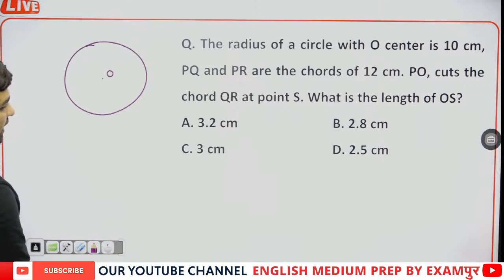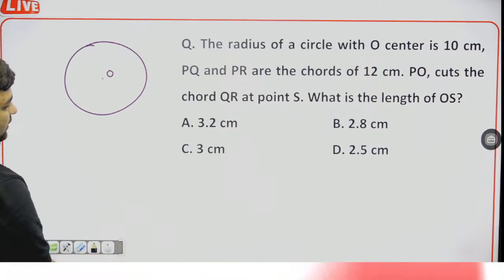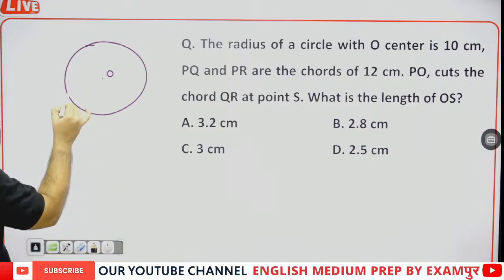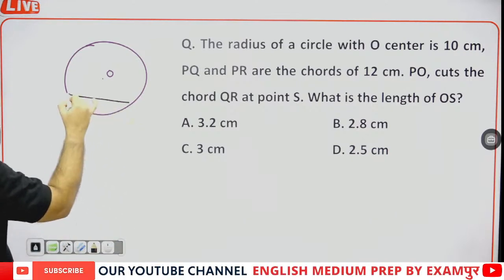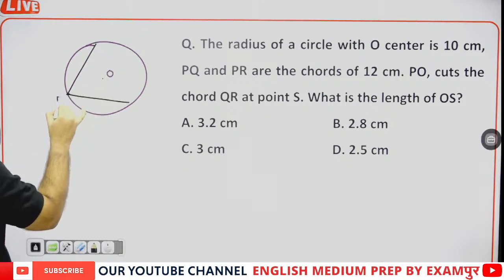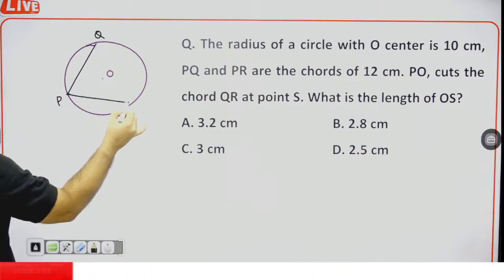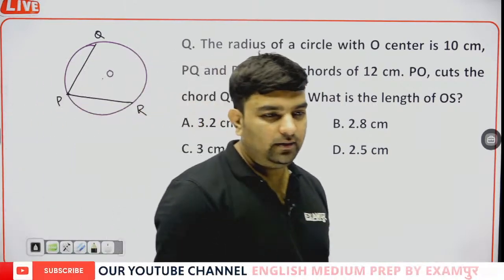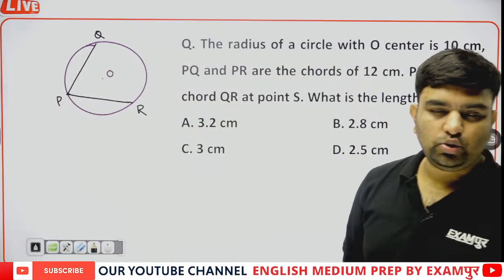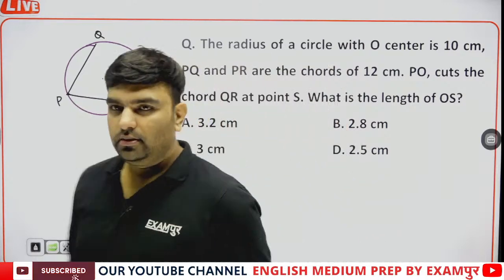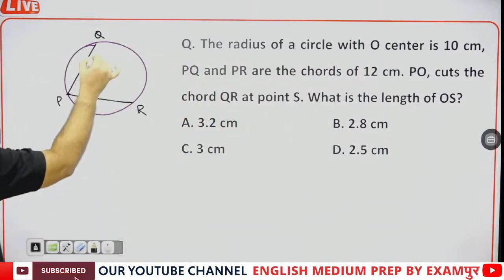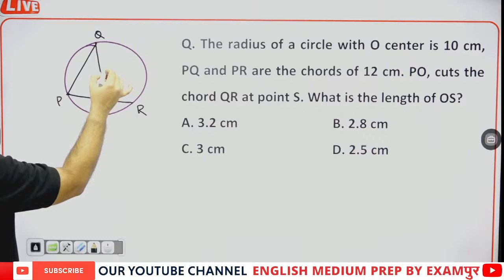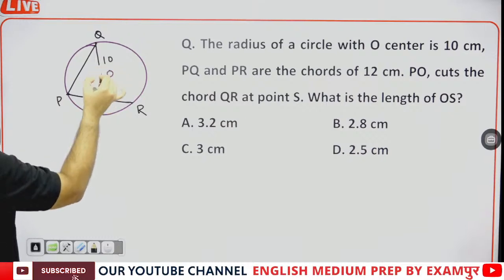PQ and PR are chords of 12. Radius was 10 and chords are 12.